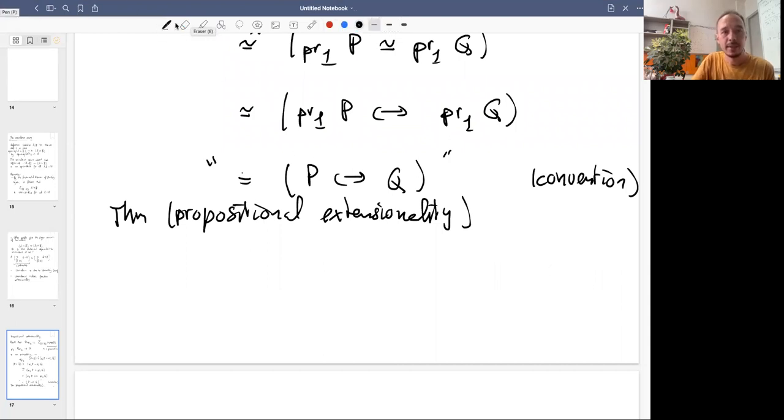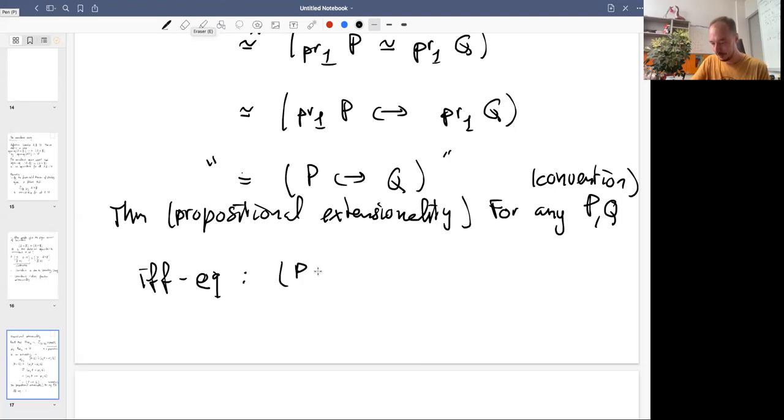I have the kind of tablet that doesn't have a screen. So for any P and Q, we have this map, the map from equalities, sorry, this is an E, that takes P equals Q to P if and only if Q. And this map is an equivalence. That's a theorem.